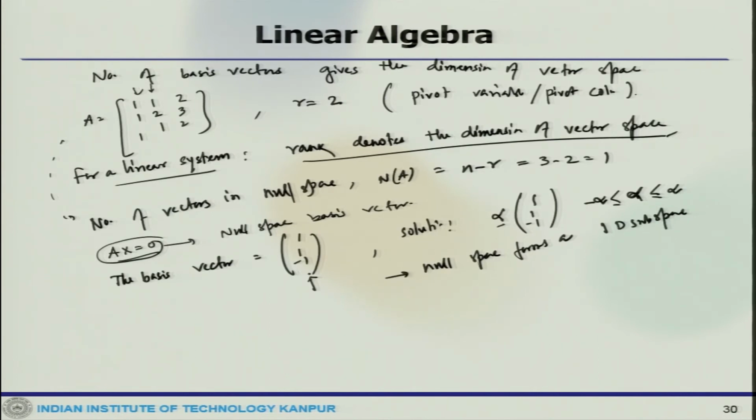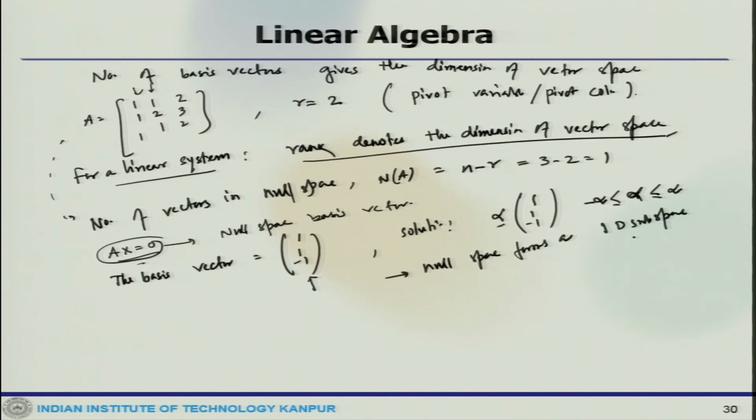So, here the number of basis vectors is 1, and we can have multiple solutions with any scalar multiplying that. For example, alpha you can take as minus 1, then this would be minus 1 plus 1. That means if you subtract these two, this is going to be 0, but the basis vector does not change. So, this is the basis vector, and any scalar can give you an infinite number of solutions, but since there is only one basis vector which represents the 0 solution, this forms a one dimensional subspace.